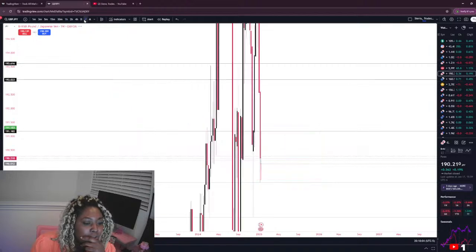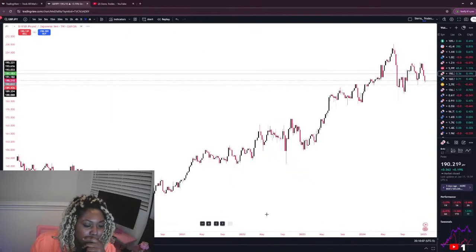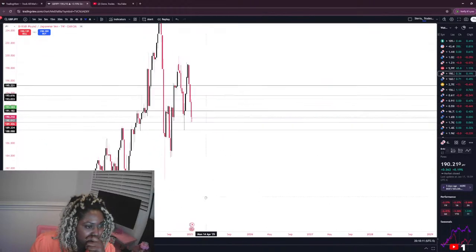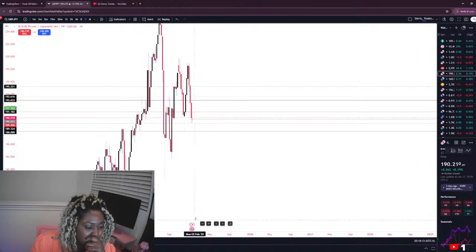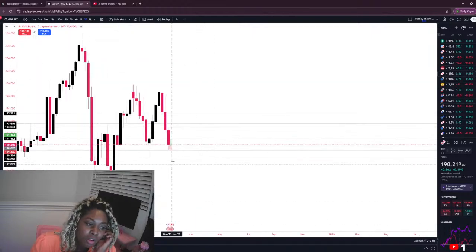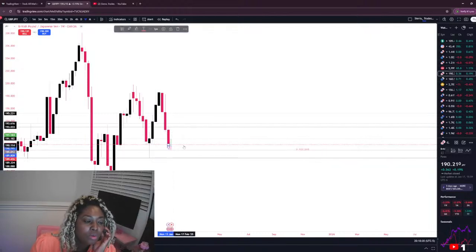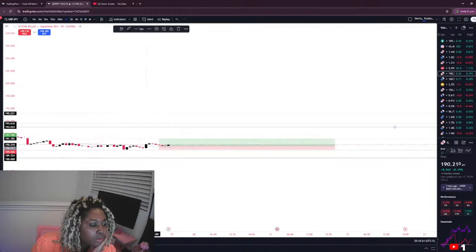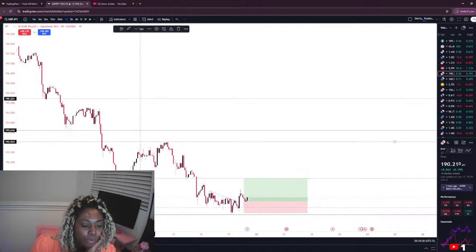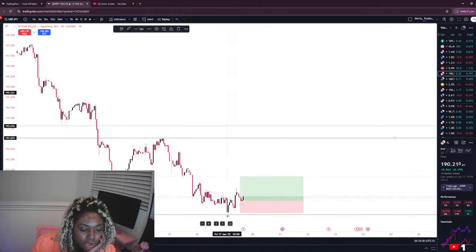So what we're looking for, let's see. So this is our weekly low. Our weekly low here, and it's looking like liquidity here.